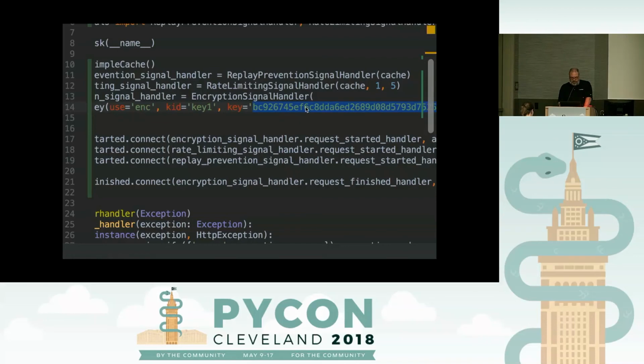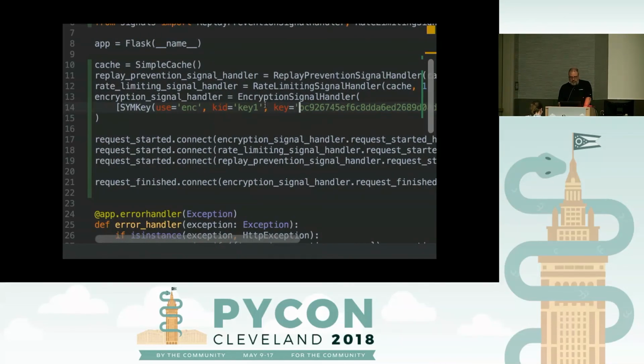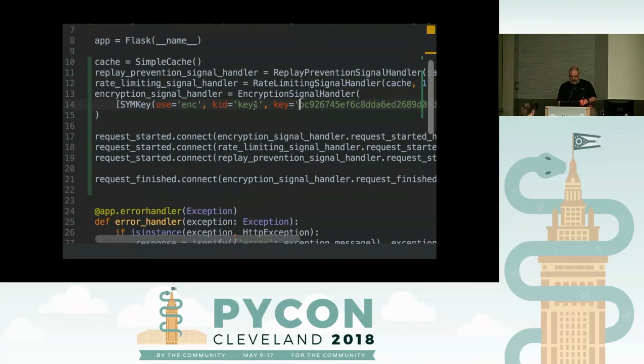It's angry about my key. It thinks somehow it's using the key 1 as the key and not as the index. I'm not sure, let's find out. No, that's right. Use encryption key ID is key 1, the key list of keys ends in 81.